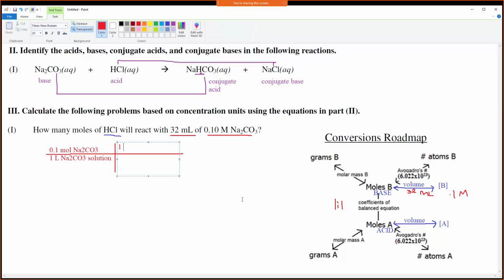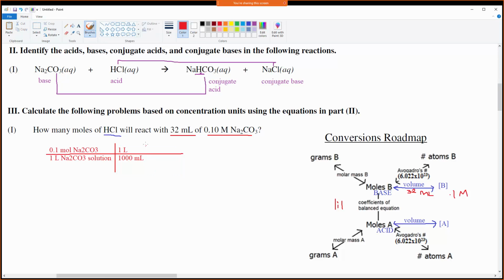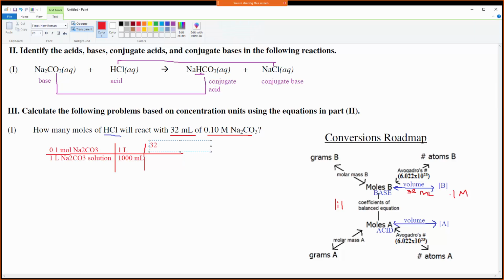So let's see, 1 liter is gonna be 1,000 milliliters of anything, including the Na2CO3 solution. But we were given that we have 32 milliliters Na2CO3 solution.